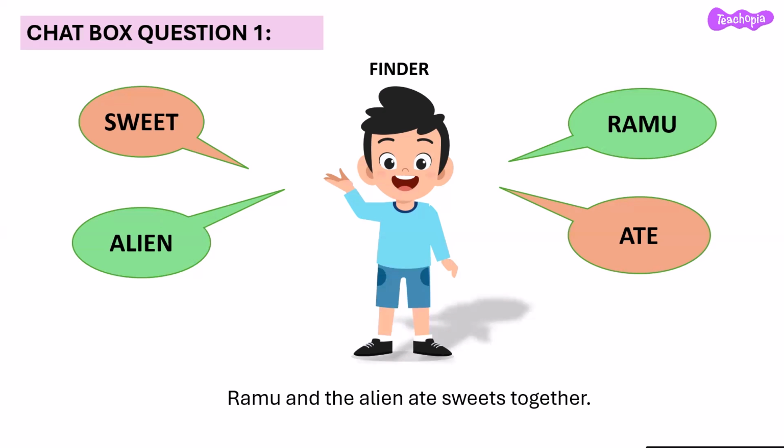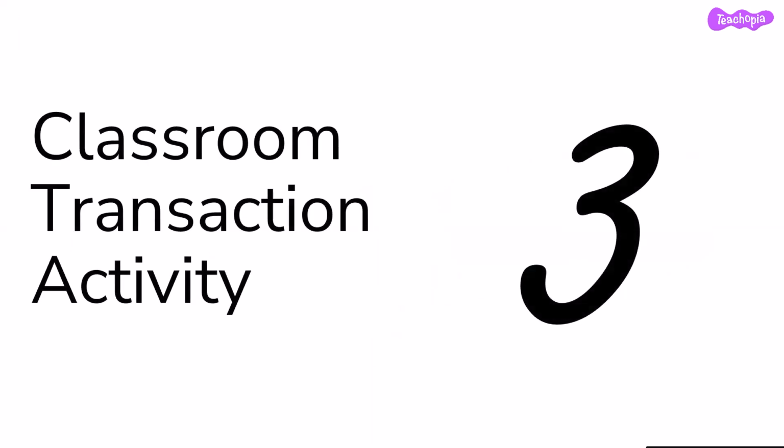He can say: Ramu and the alien ate sweets together. Probably I don't know whether this is possible or not, but we can imagine that if alien is with him, Ramu and alien ate sweets together. Yes. Thank you. So this is one of the activities we could see for grade 5.